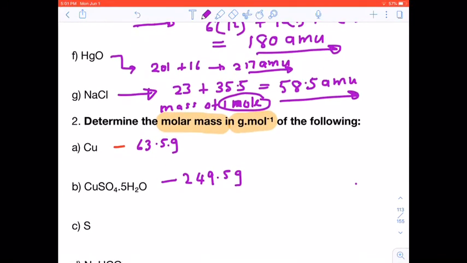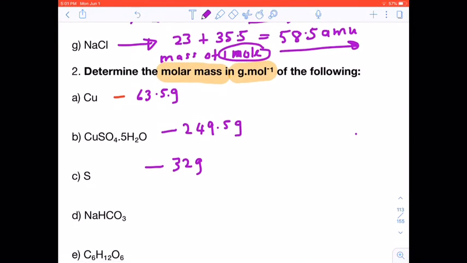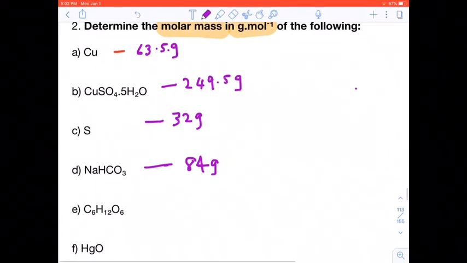For sulfur, it would be 32 grams. And for sodium bicarbonate or hydrogen carbonate, it is 84 grams. Okay. And for this one, it's going to be 180 grams.